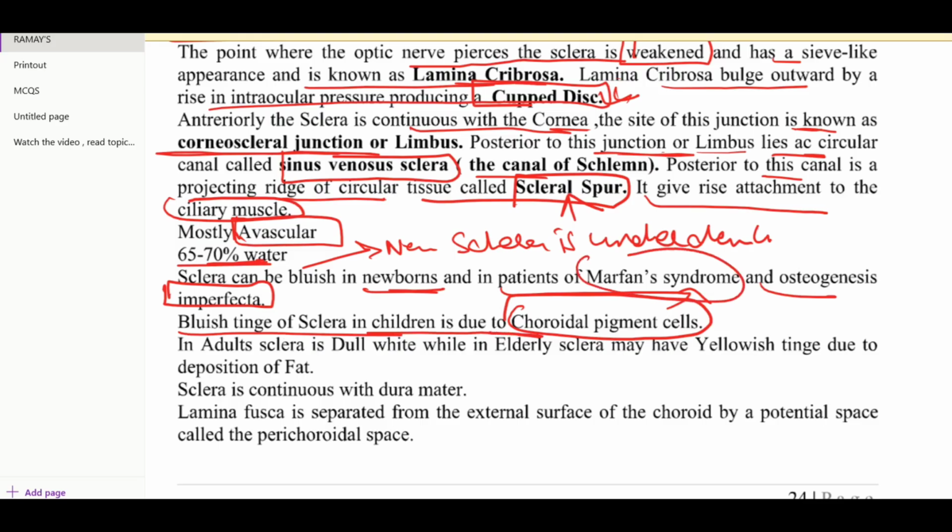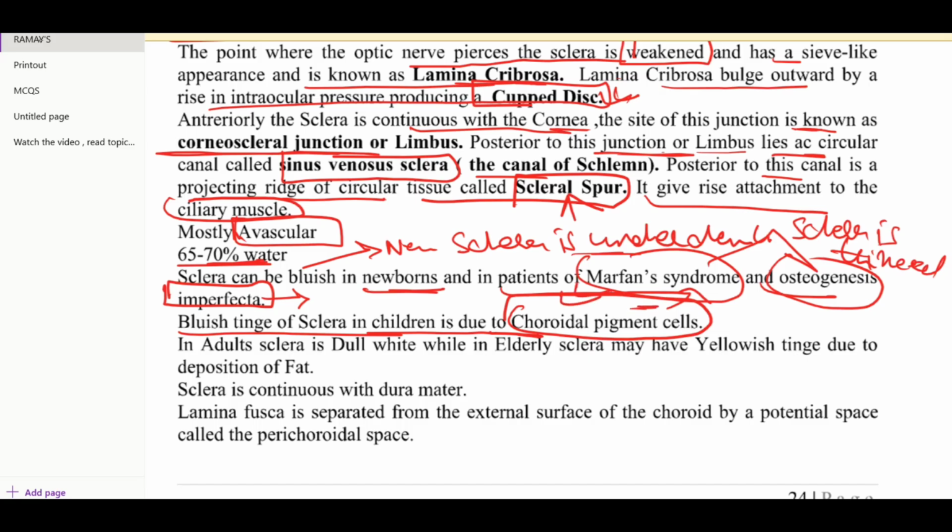Similarly, in Marfan syndrome and osteogenesis imperfecta, because these are connective tissue disorders, the sclera is thinned. Actually, the bluish color we are seeing is due to the underlying choroidal pigment cells.